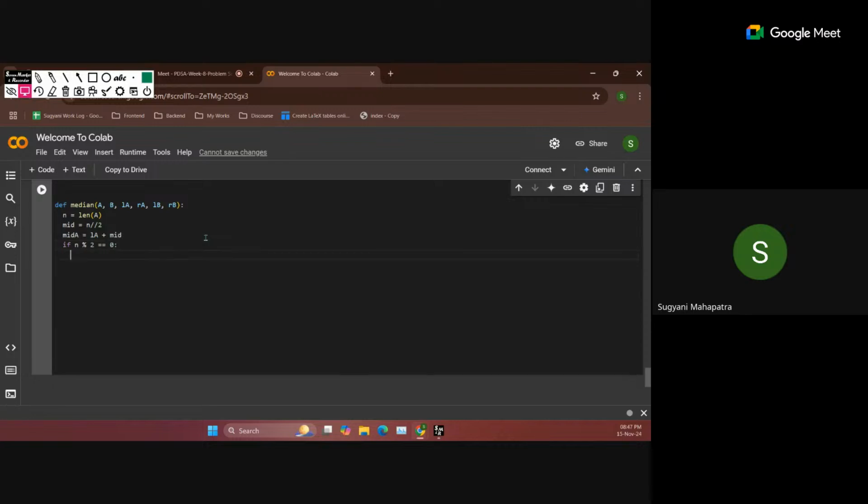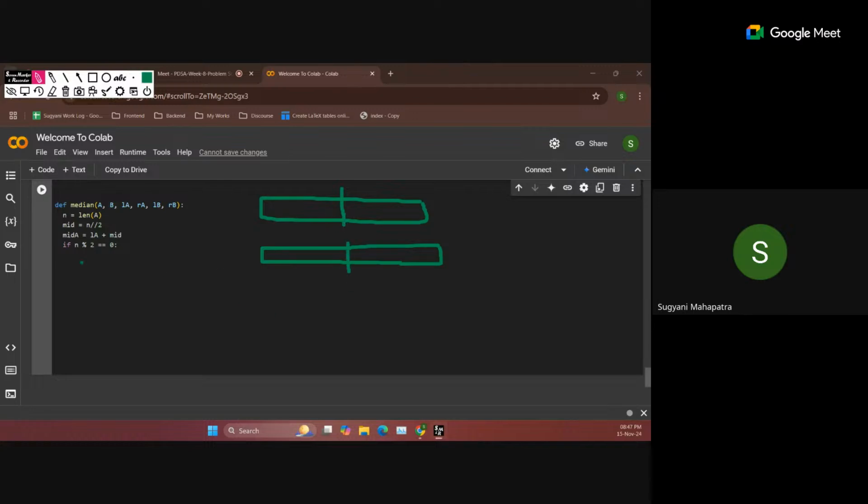what is happening here is we have this A list, we have the B list, and we are taking the middle value for both of these.